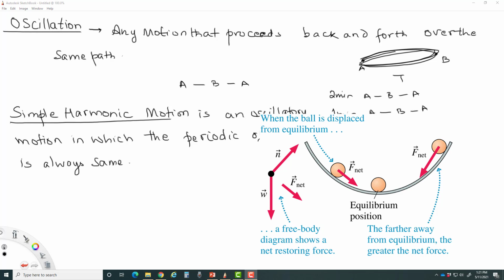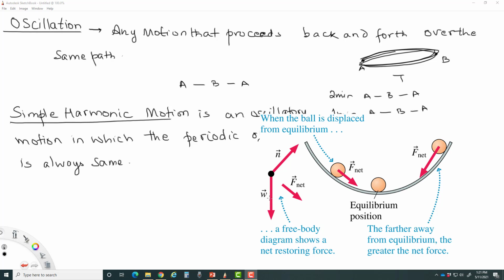Again, the marble that is free to roll inside this spherical bowl has this equilibrium position, which is the bottom of the bowl, where it will rest with no net force on it. But if the marble is pushed away from equilibrium, the marble's weight leads to a net force.